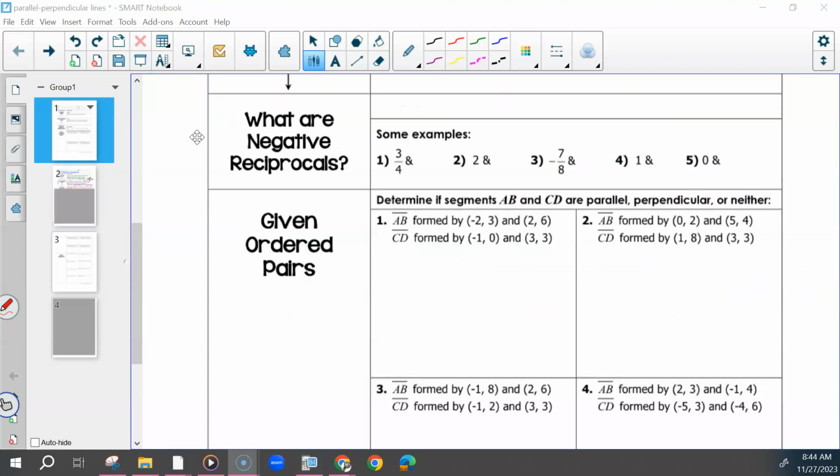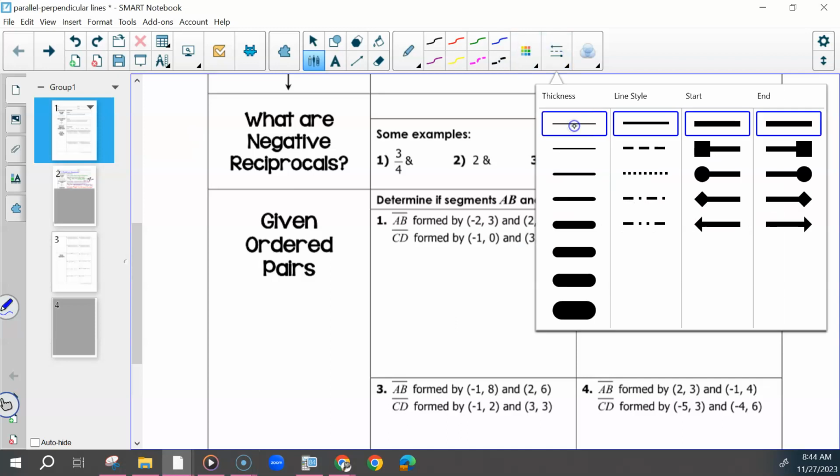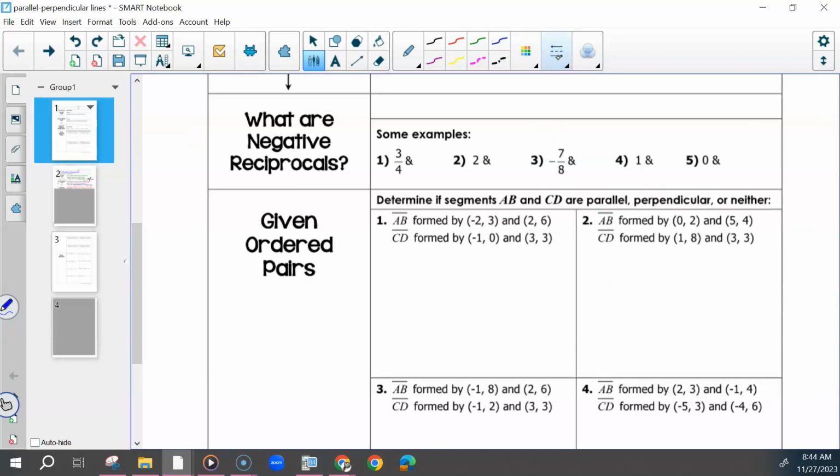I asked, what is the negative reciprocal of 3/4? We can say these out loud. I took that and I flipped it and made it negative: negative 4/3. What about 2?